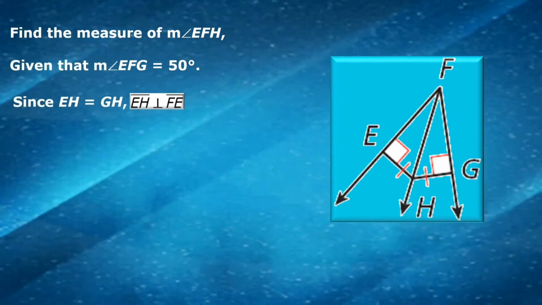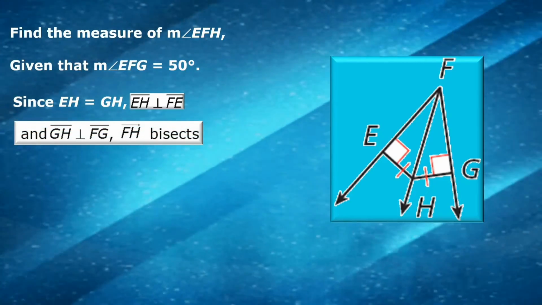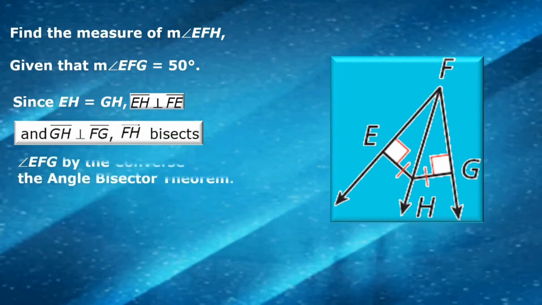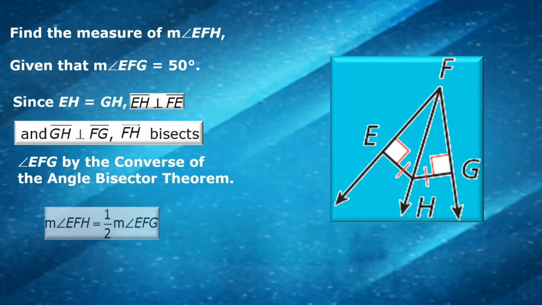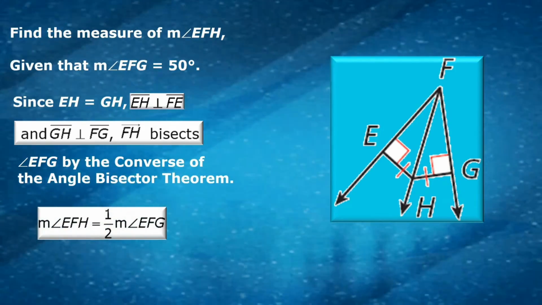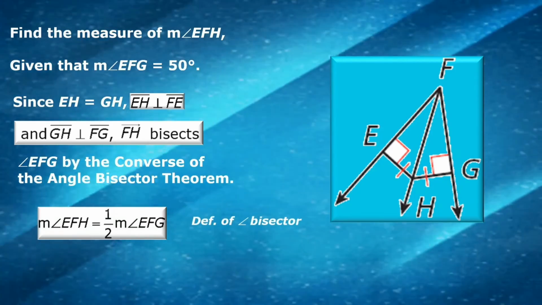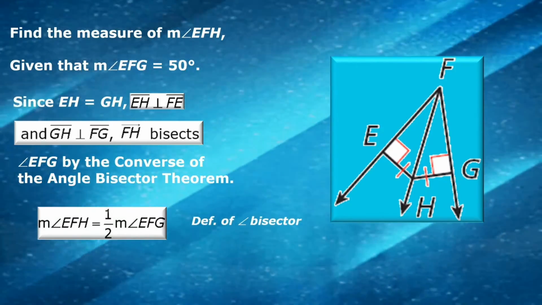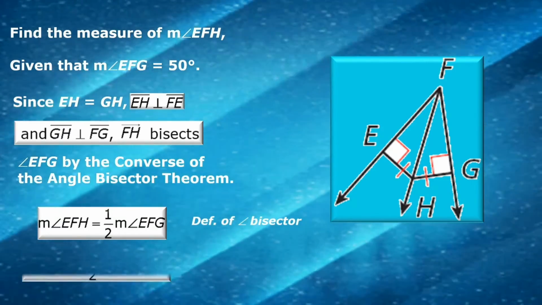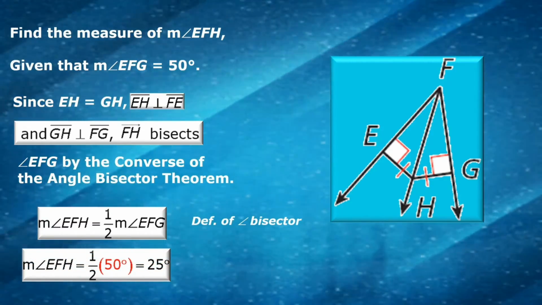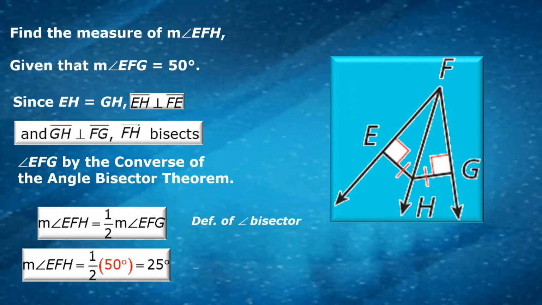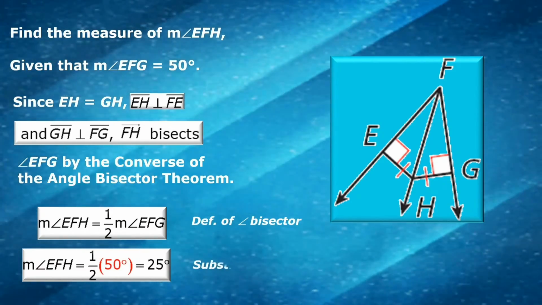Since EH equals GH, and EH is perpendicular to FE, and GH is perpendicular to FG, ray FH bisects angle EFG. So by the converse of the angle bisector theorem, the measure of angle EFH will equal half the measure of angle EFG. Since this one is 50, half of 50 would be 25.